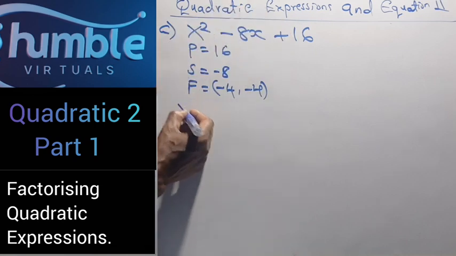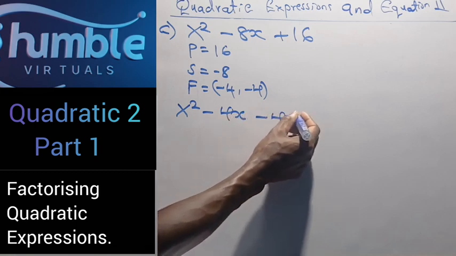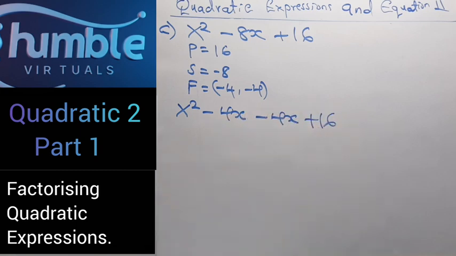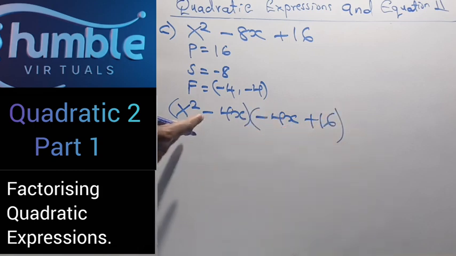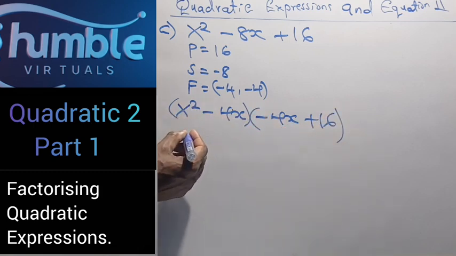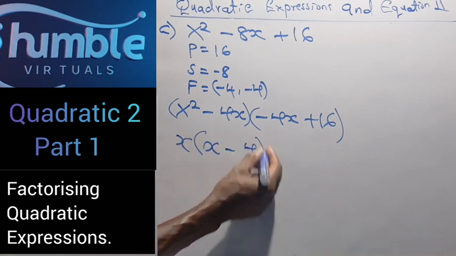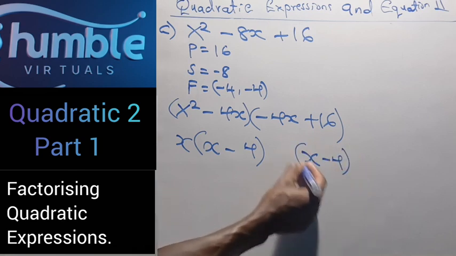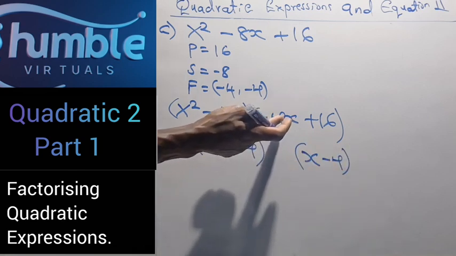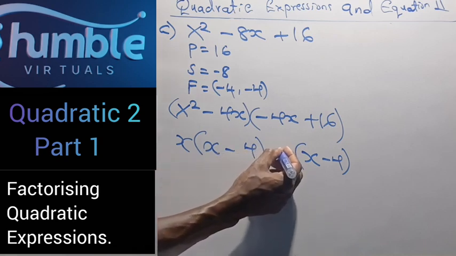So we shall now have x squared minus 4x minus 4x plus 16. Pair them up. The common number here is x, so x into x minus 4. The other bracket will also have x minus 4. Then look for the common term between negative 4x and 16. The common number there is negative 4.